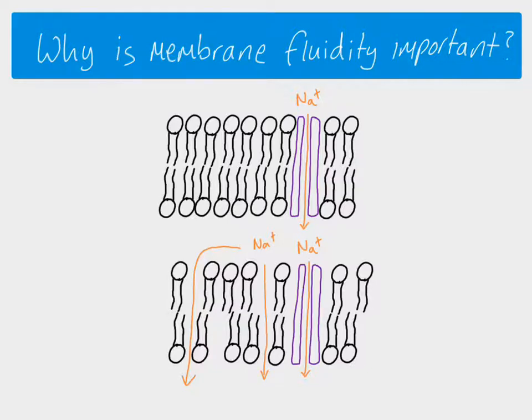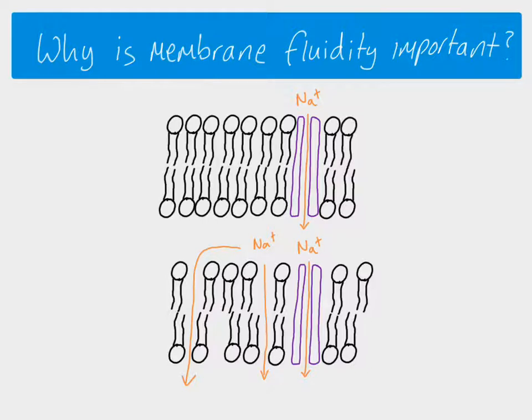When we talk about fluidity, it's a bit hard to show it on here, but basically what we mean is that the various phospholipids and the proteins as well, any substances that are in the membrane, are able to move around. They kind of jostle around like this. There's going to be lots of movement of the phospholipids around each other all the time.